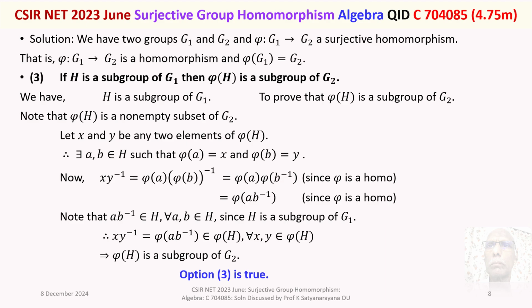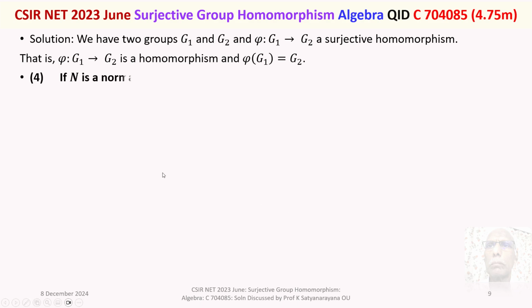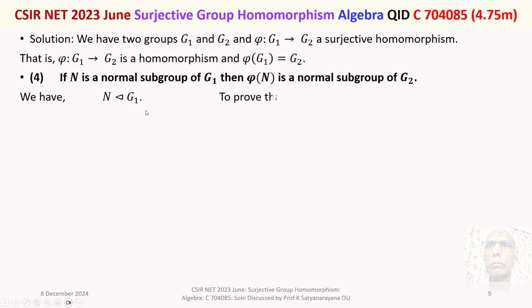Agreed. We move on to option 4. If N is a normal subgroup of G1, then phi of N, its image, is also a normal subgroup of G2. So, we are given N is a normal subgroup of G1. We want to prove its image phi of N is also a normal subgroup of G2.